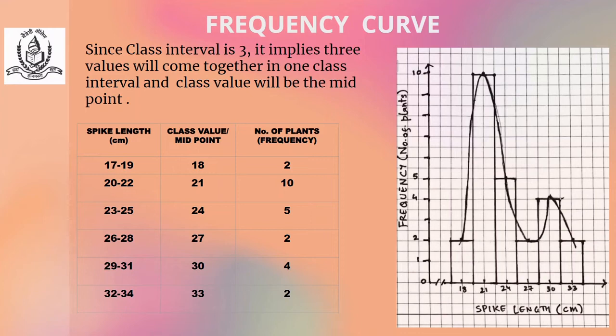As you can see, with spike length values ranging between 17 to 19 centimeters, the midpoint is 18 and the number of plants, or the frequency, is 2. Similarly, we go down using all the 25 values in our data set and plot a curve.